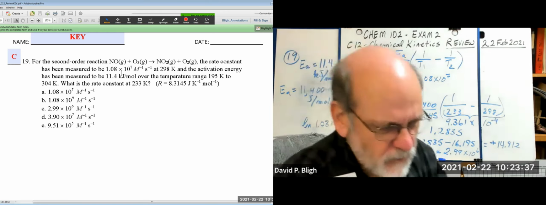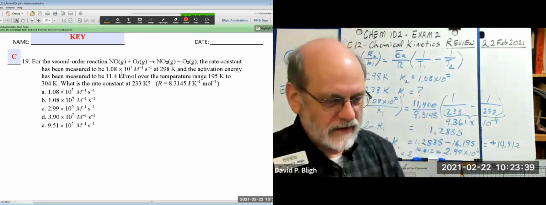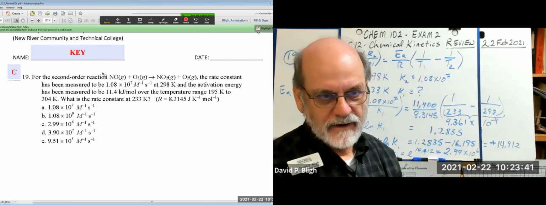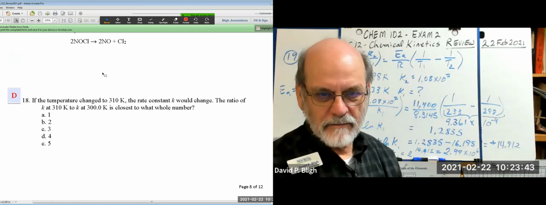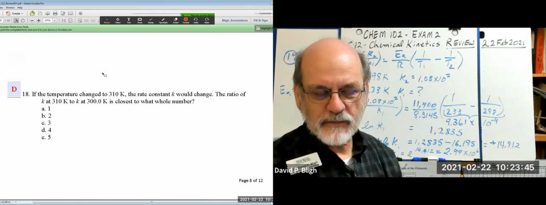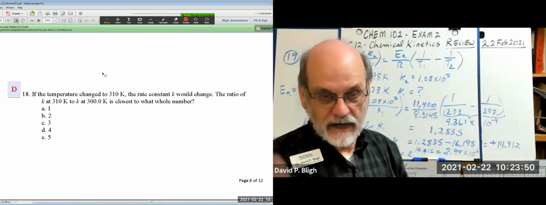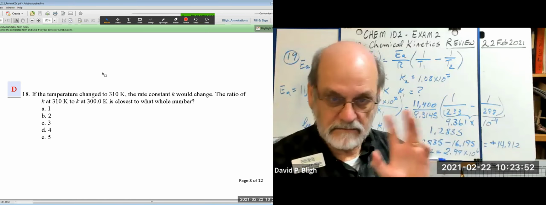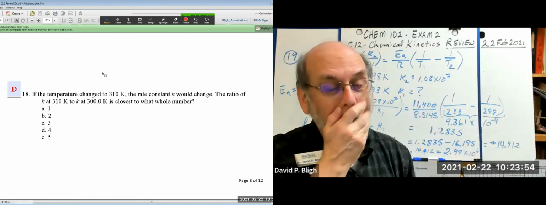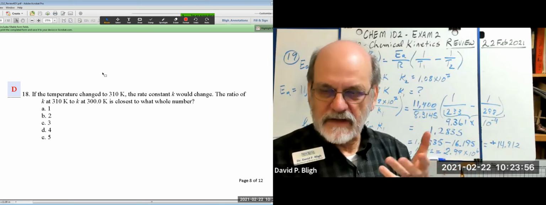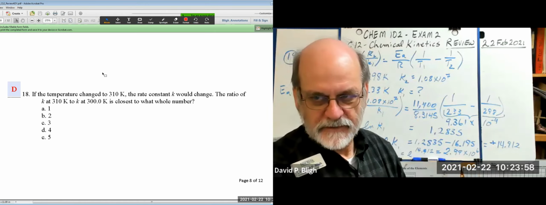So while our minds are working that way, let's go back to 18 and analyze this problem. It's still an Arrhenius problem, right? Reaction rate and all that other stuff. But it approaches it a different way.